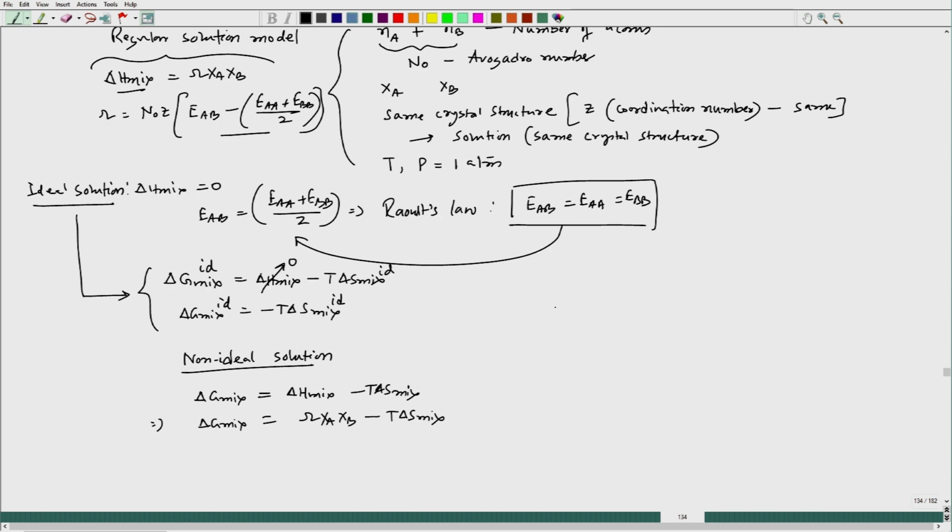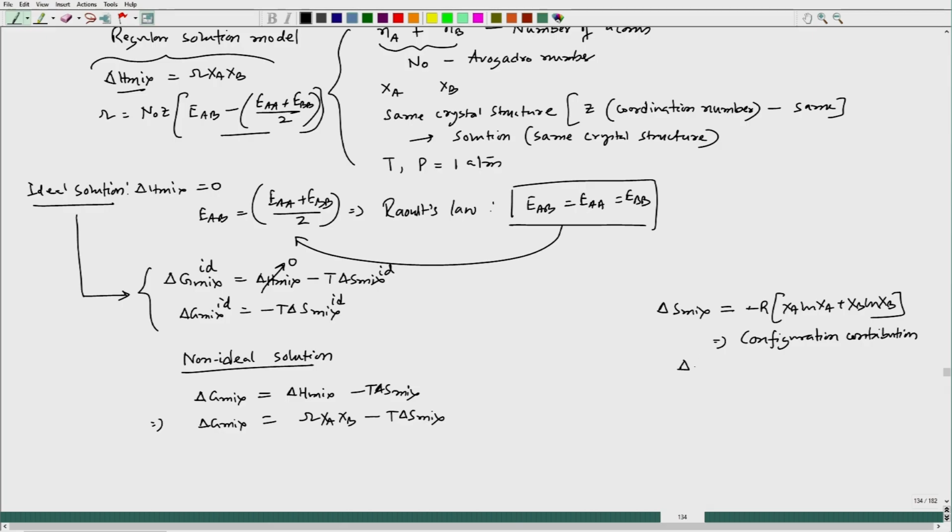One assumption was that del S mix is nothing but minus R times X A ln X A plus X B ln X B, which is coming due to the configurational contribution.